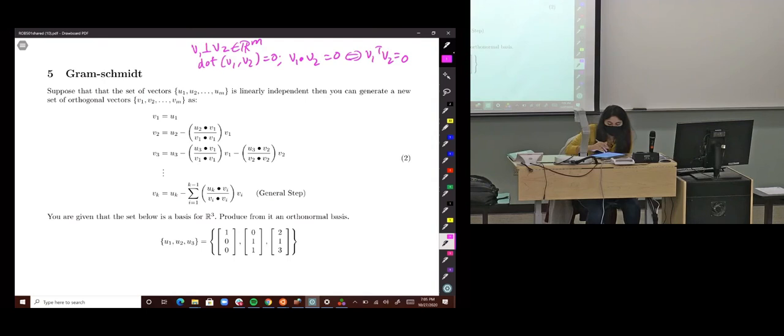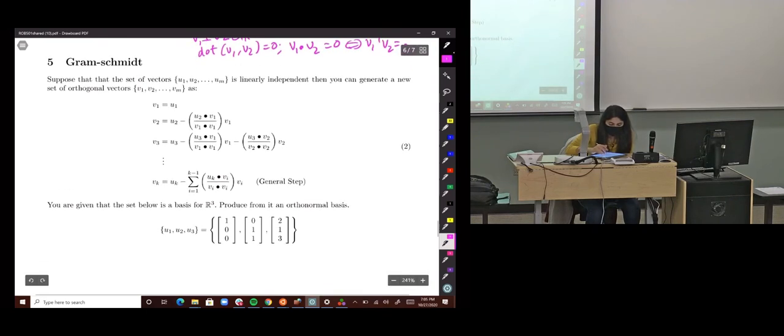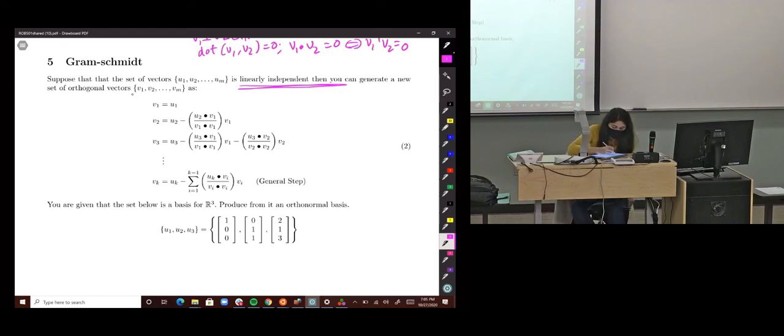How do we do that? Given a set of linearly independent vectors, that's important, so u1, u2, um, they're all linearly independent, you can get a set of orthogonal vectors v1, v2, vm, such that v1 is orthogonal to v2, v2 is orthogonal to v3.